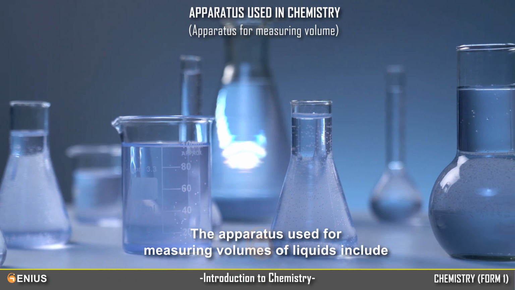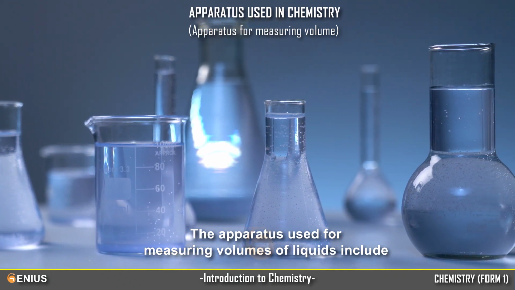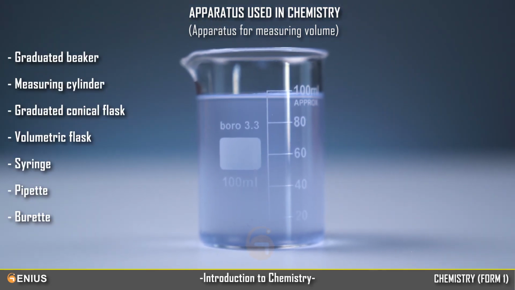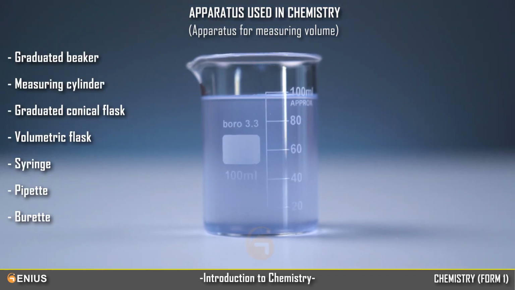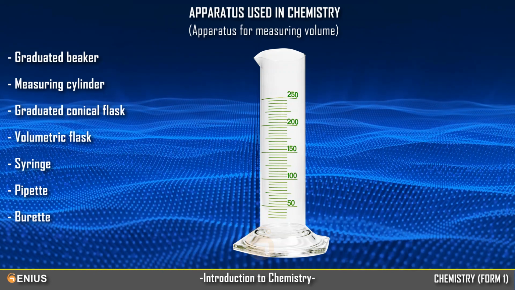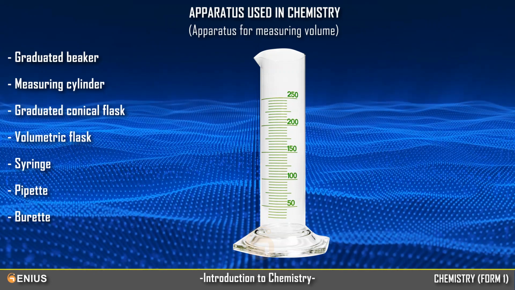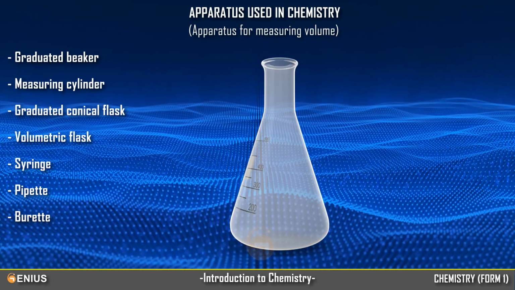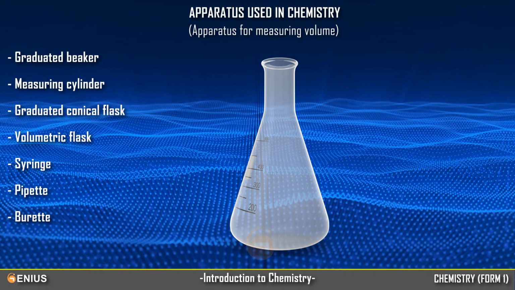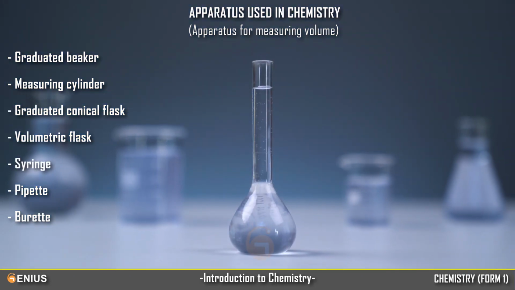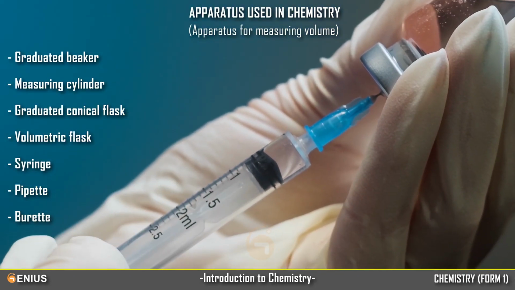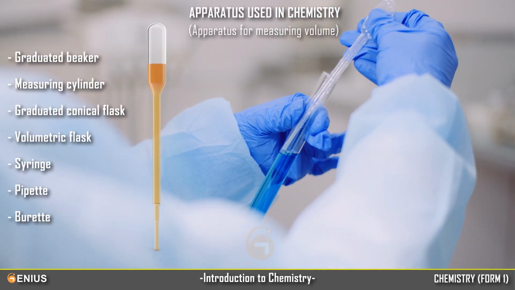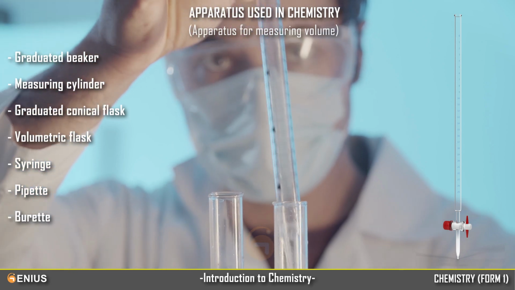The apparatus used for measuring volumes of liquids include graduated beaker, measuring cylinder, graduated conical flask, volumetric flask, syringe, pipette, burette.